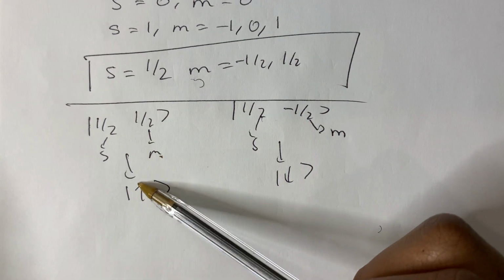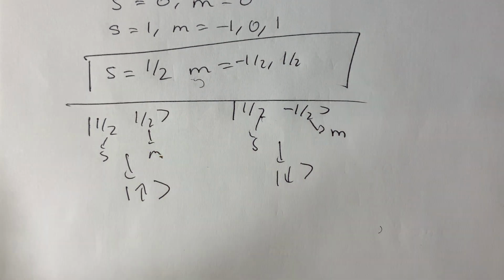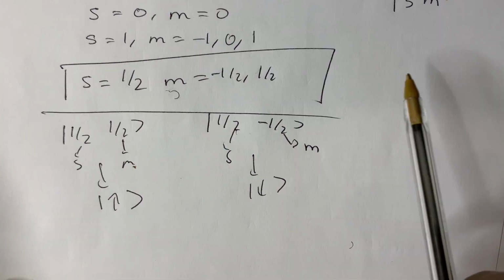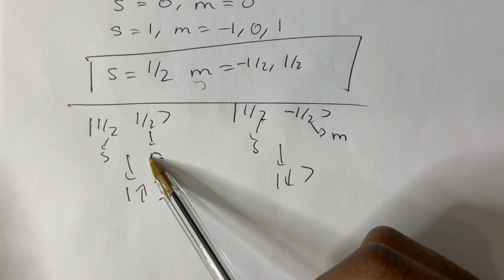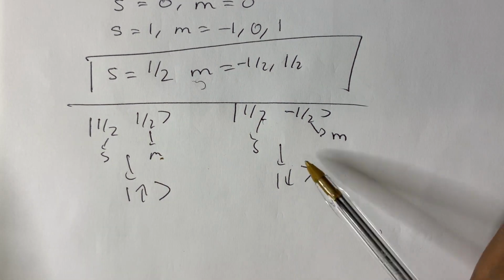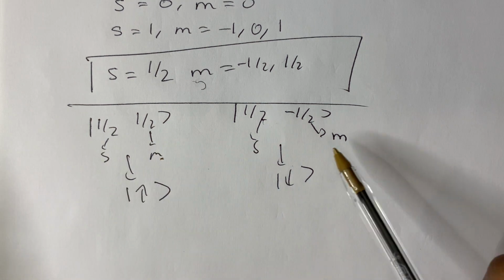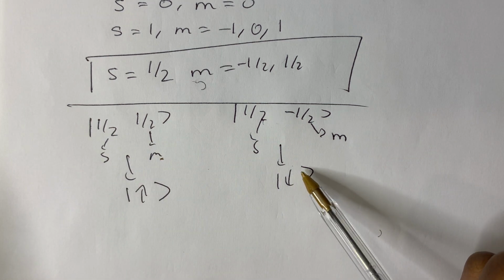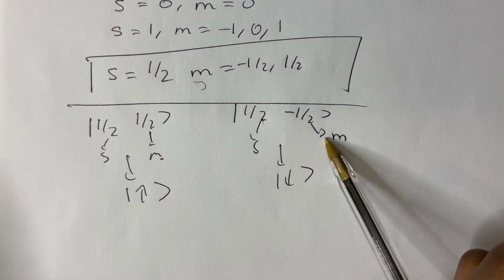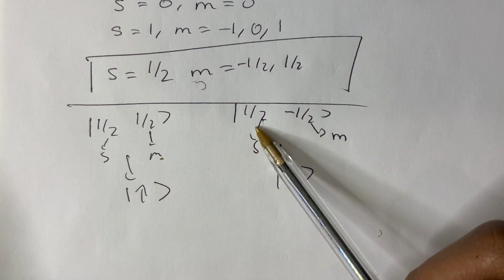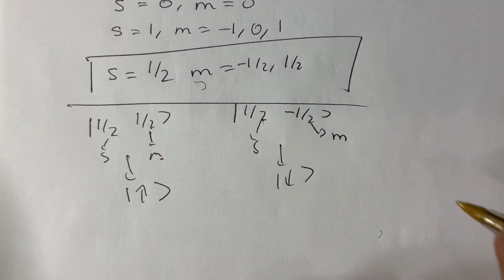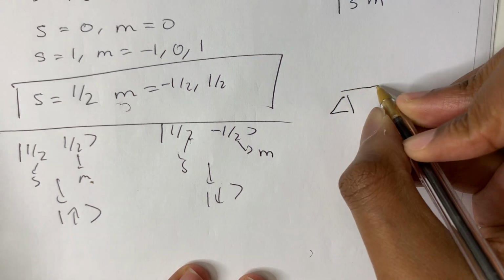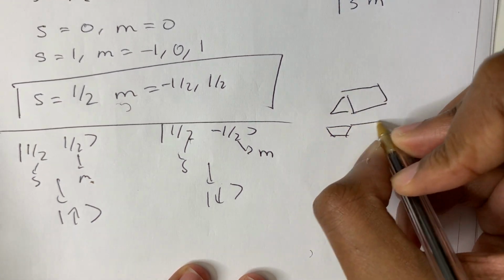If a particle is in spin up, this means that its angular momentum number is 1/2, and the spin number is 1/2. If this particle is in the spin down state, it means that its angular momentum number is minus 1/2, and the spin number is of course 1/2, since we're studying spin 1/2 particles. So let's kind of go back to the Stern-Gerlach experiment.